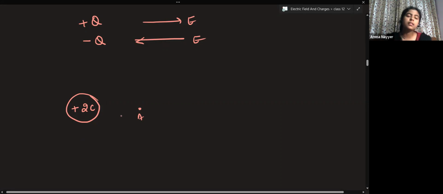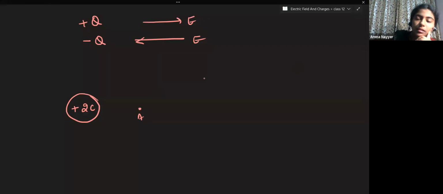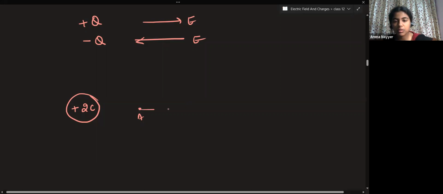Where will be the direction of electric field for this positive charge? Right, it will be towards the right. What about the others? See, away from the charge. Away from the charge will be this direction only.